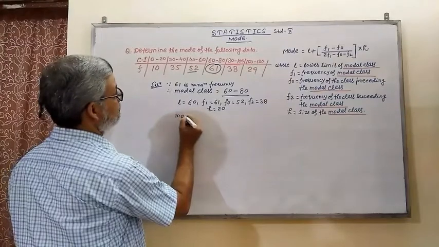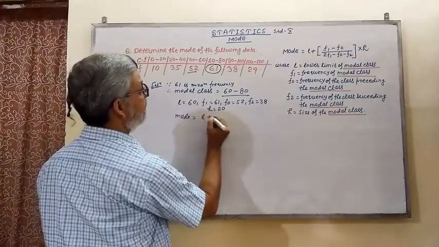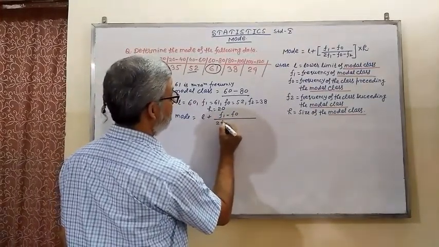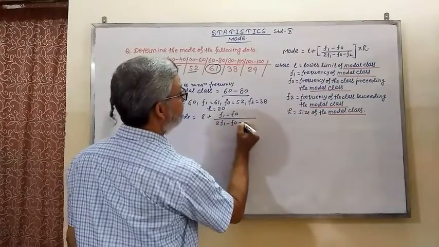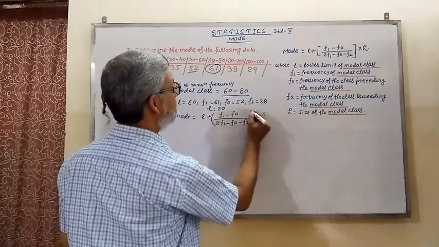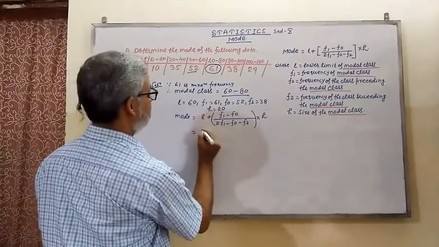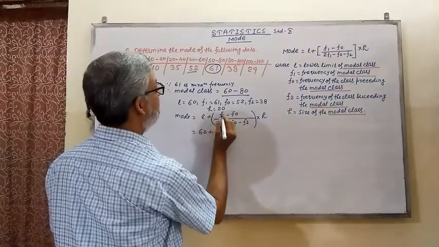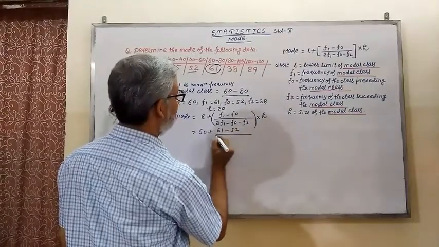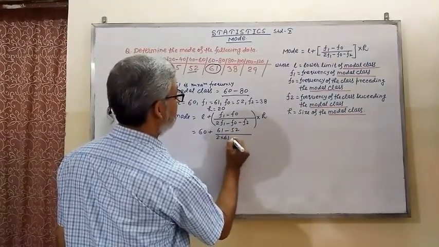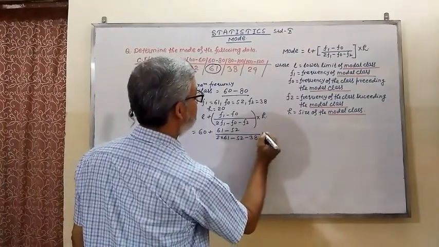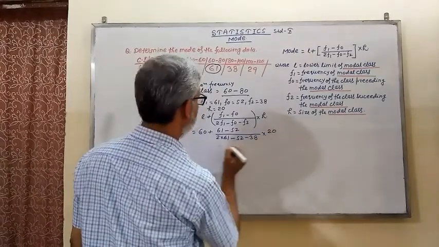Now mode is equal to L plus F1 minus F0 divided by 2F1 minus F0 minus F2 into H. Use the bracket. Now L is 60, plus F1 is 61 minus F0 is 52, divided by 2F1, 2 into 61, minus F0 52 minus F2 38, into H which is 20.